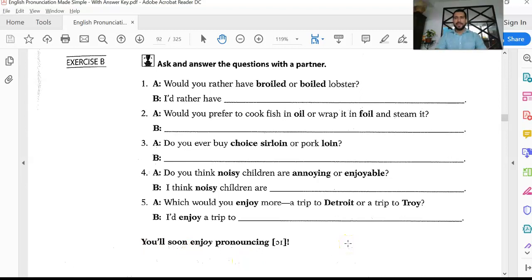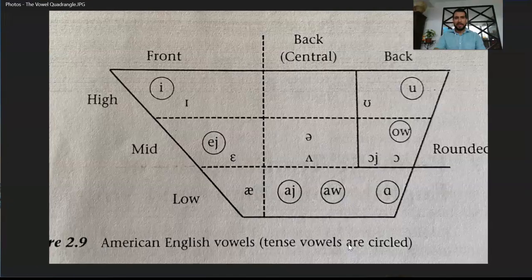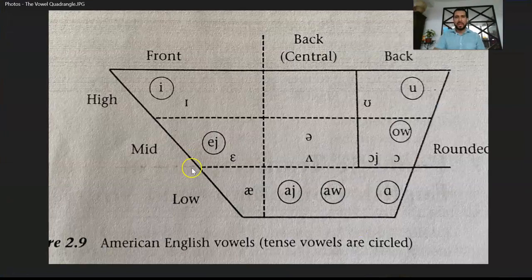And my dear friends, this is the end of the I and the oi sounds. And also this is the end of all the US American English vowels that we have been covering in the semester. See how lovely.